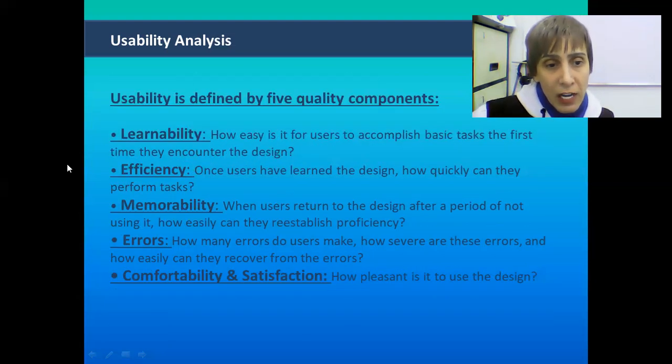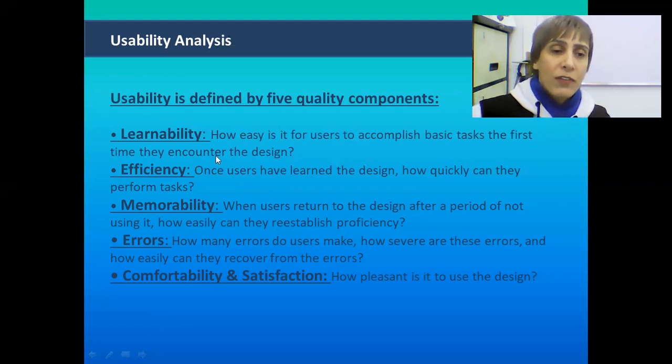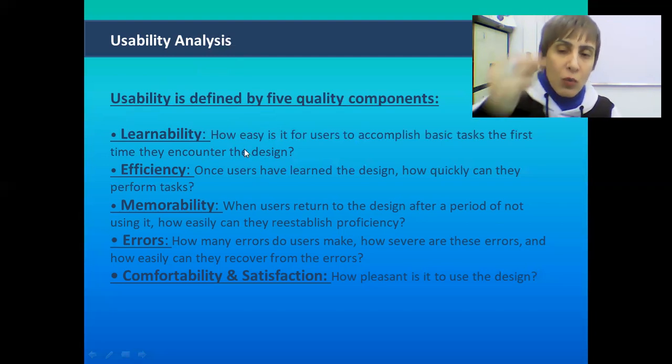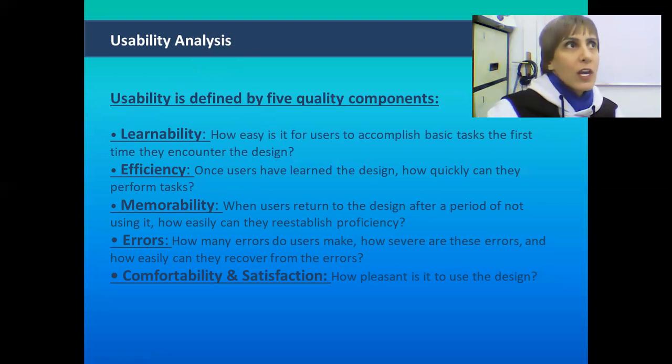Now, until now, we discussed what these mean. But when I say something is learnable, like I can say the learnability is perfect, it's totally learnable, it's not enough just to say it in words. We need to have a number, a mark to put. If it's perfect, we need to put an excellent mark for it.